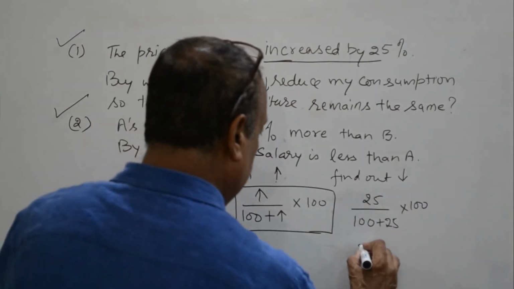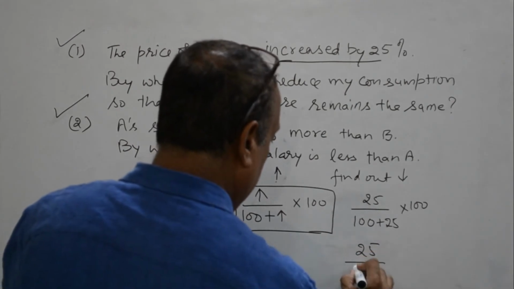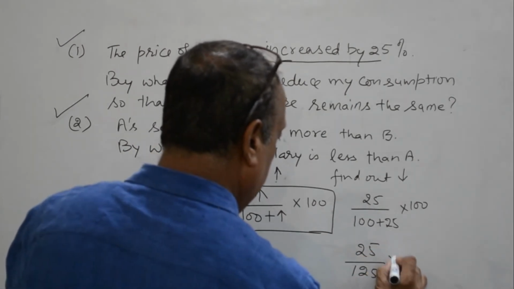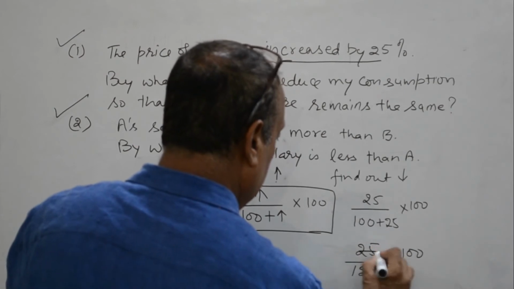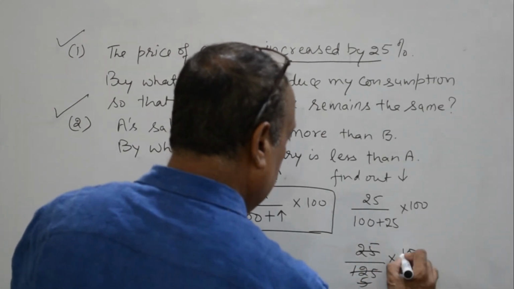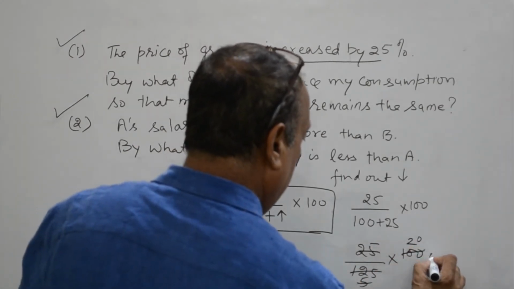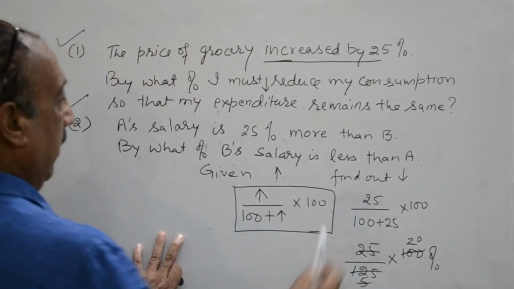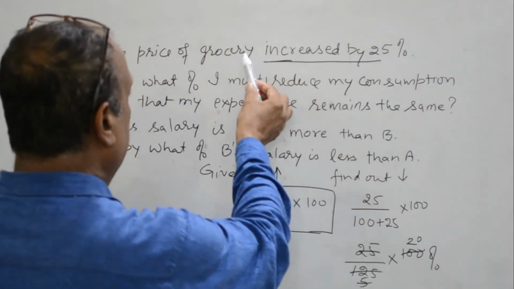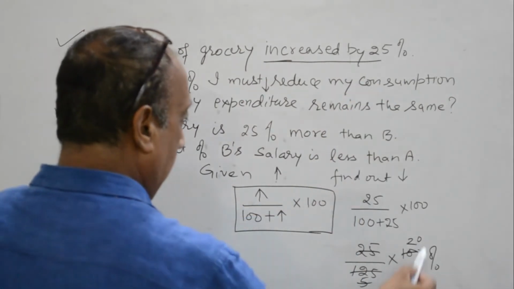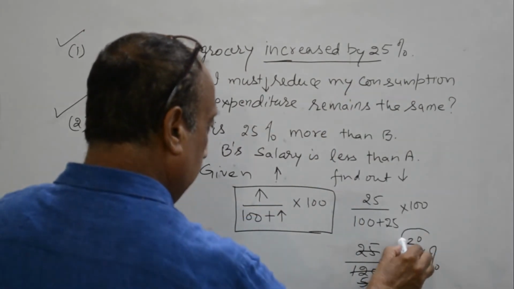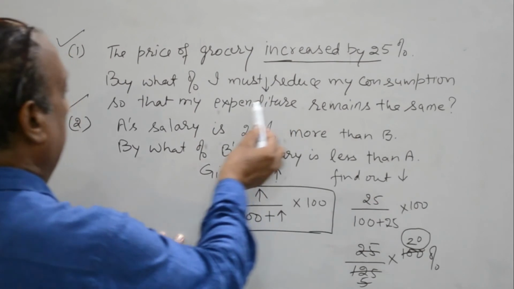It becomes 25 upon 125 into 100. So it is 20. It means if the price of grocery increased by 25%, I must reduce my consumption by 20% so that my expenditure remains the same.